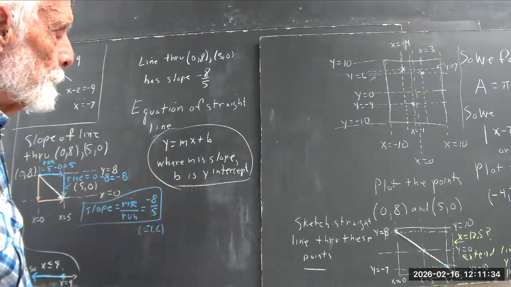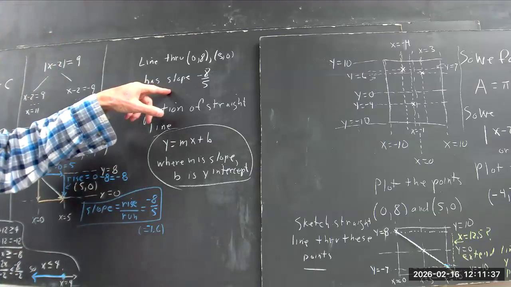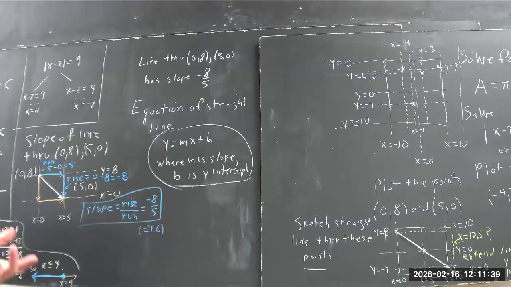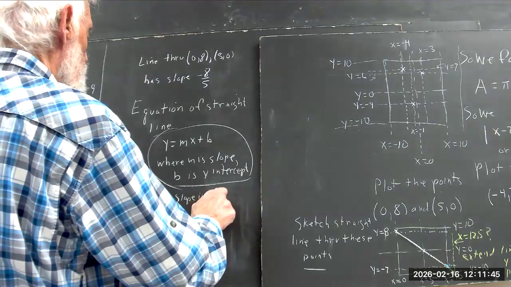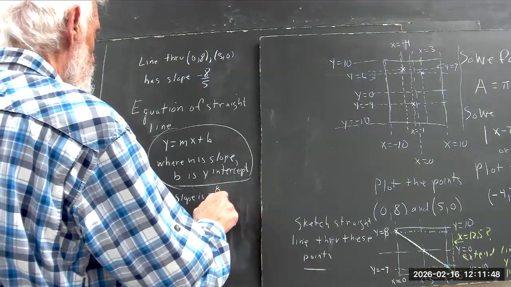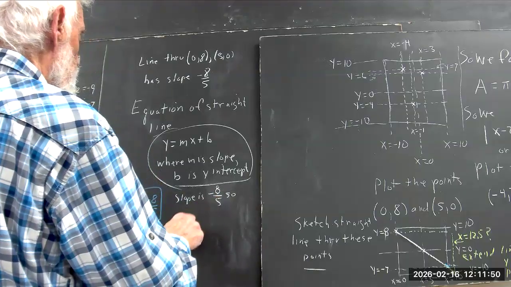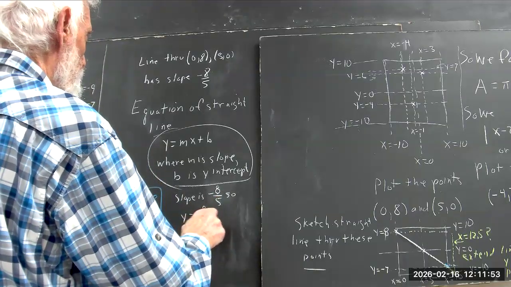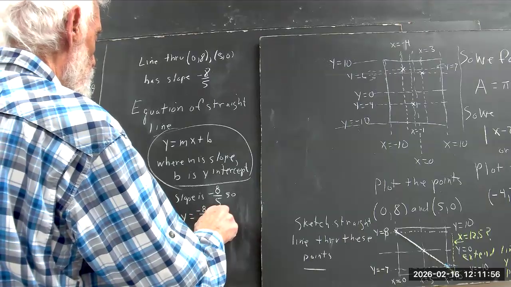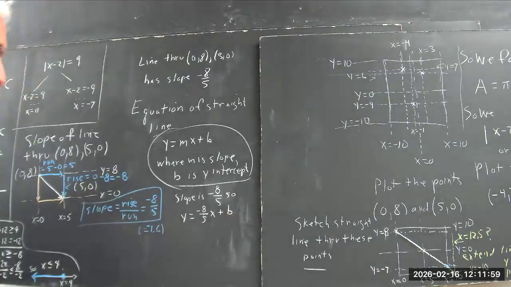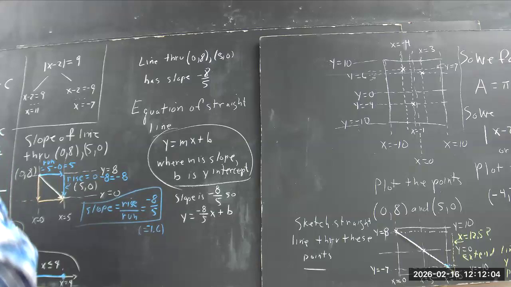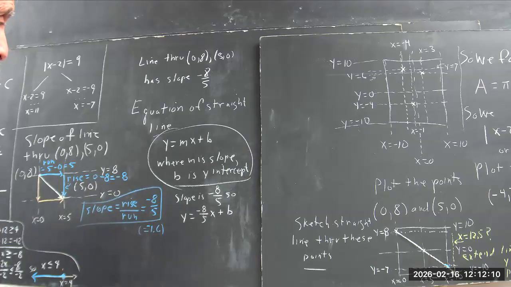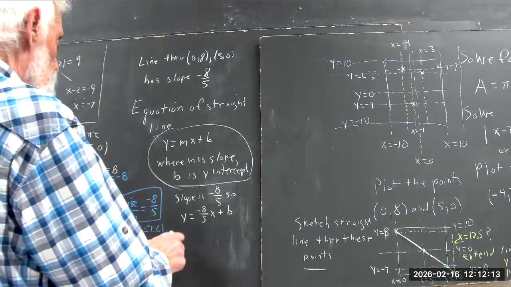So what do we know about this line? We know the slope, right? So y equals negative 8/5 x plus b. We still don't know b, but actually we do.